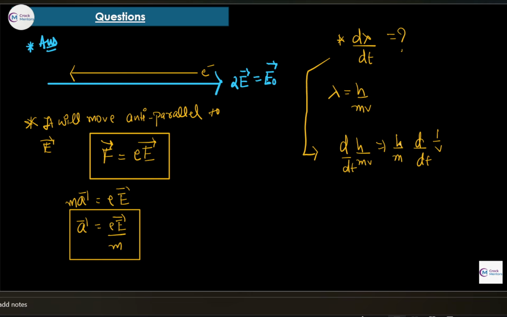After differentiating, I'm mentioning right here h upon m, and the differentiation of 1 upon v. It can be written as v to the power minus 1, and after differentiating this, we have minus 1.